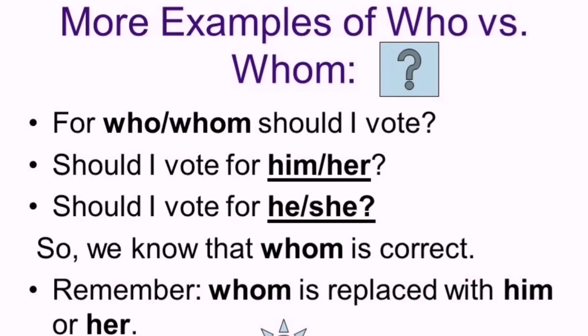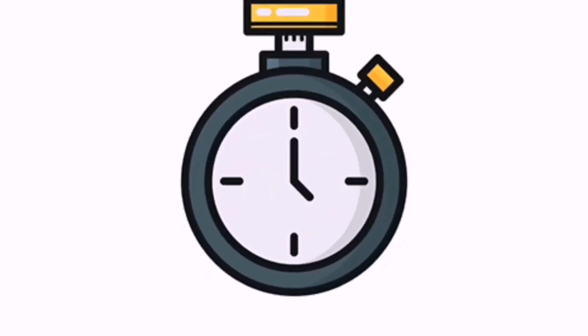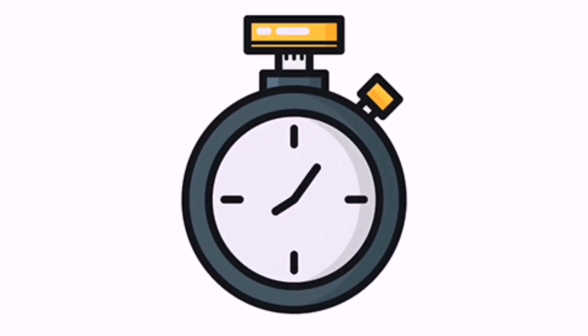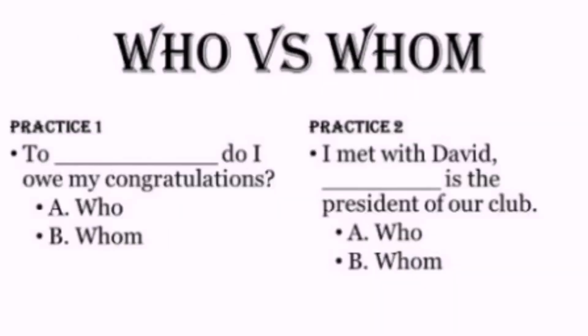Remember, always whom is replaced with him and not he. So to explain more, we say for whom should I vote? Should I vote for him or her? And this is the right one.